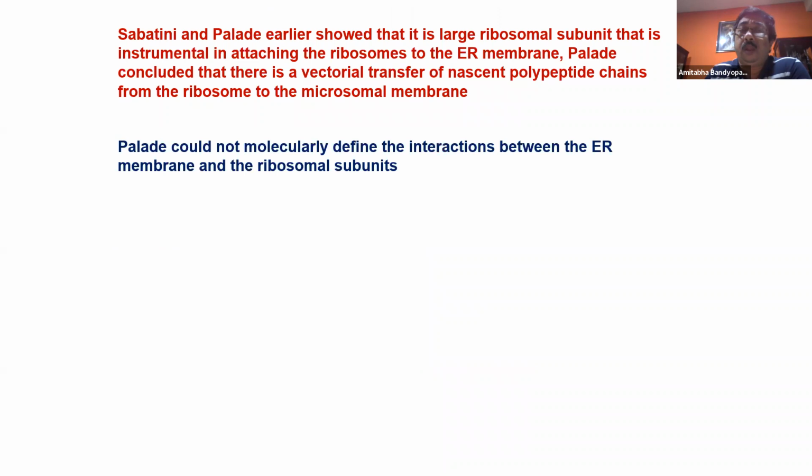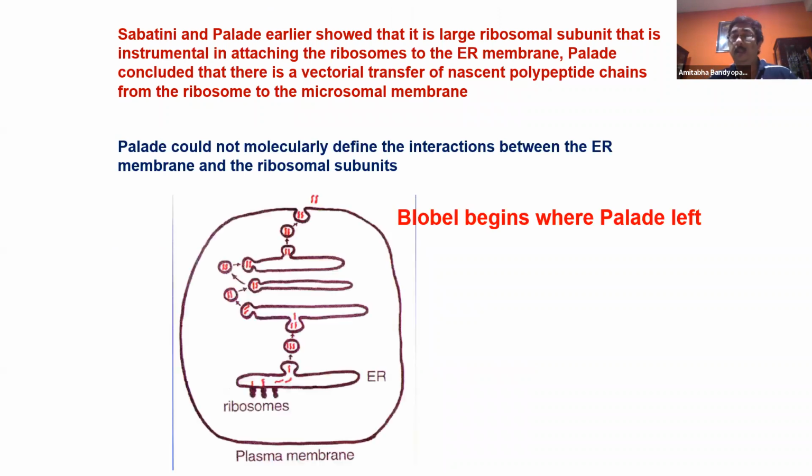So, as I said, Sabatini and Palade knew that the large ribosomal subunit is instrumental for attaching the ribosomes to the ER membrane. However, they could not molecularly define the interactions between the ER membrane and the ribosomal subunits. So there enters Gunter Blobel. Gunter Blobel is a mentee of Palade. They received their Nobel prizes just 25 years apart.